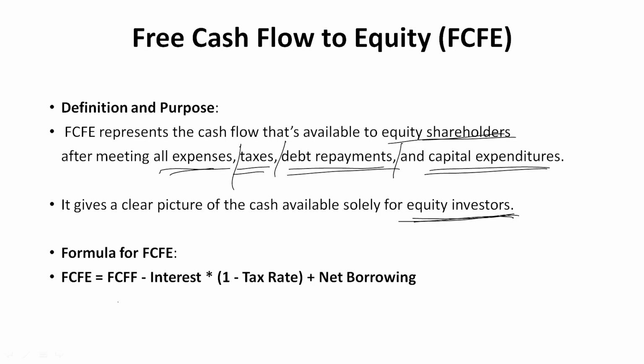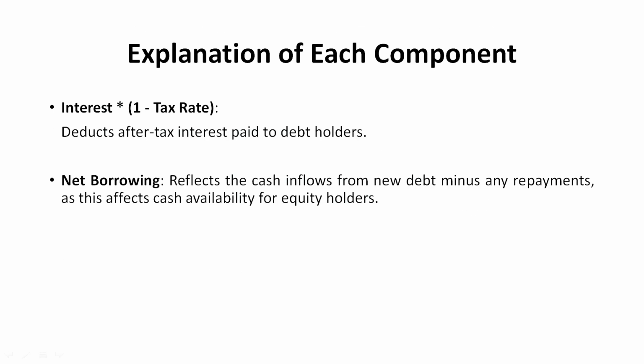So how do I calculate it? It is free cash flow to the firm minus interest into 1 minus tax rate, plus net borrowings. Minus interest is because I am going to pay the debt; I'll talk in detail over here.